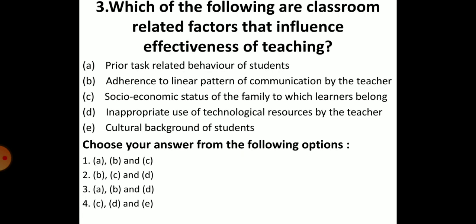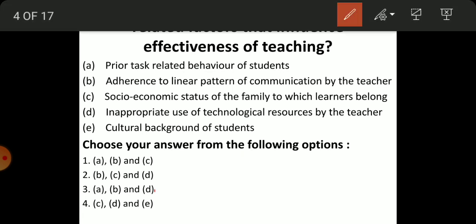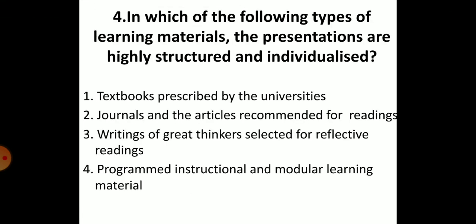Statements C and E are not classroom related factors; they describe the background of the learner or students. So if you discard options with C and E, the only option left is 3, that is A, B and D. So option 3 is the right answer.